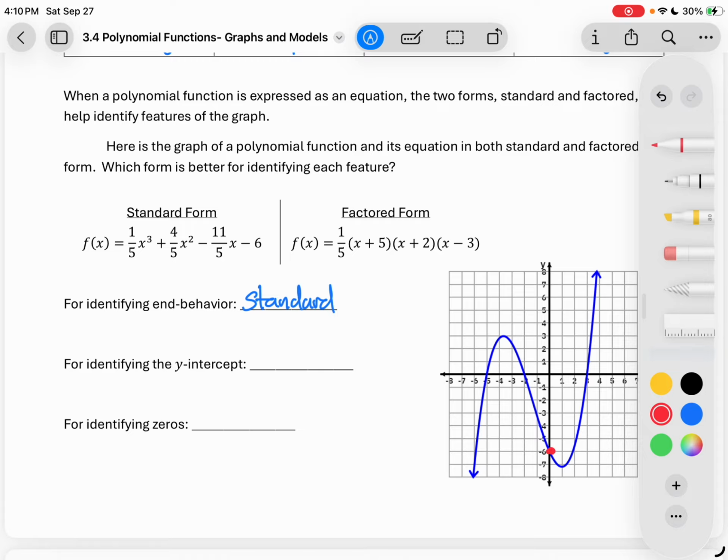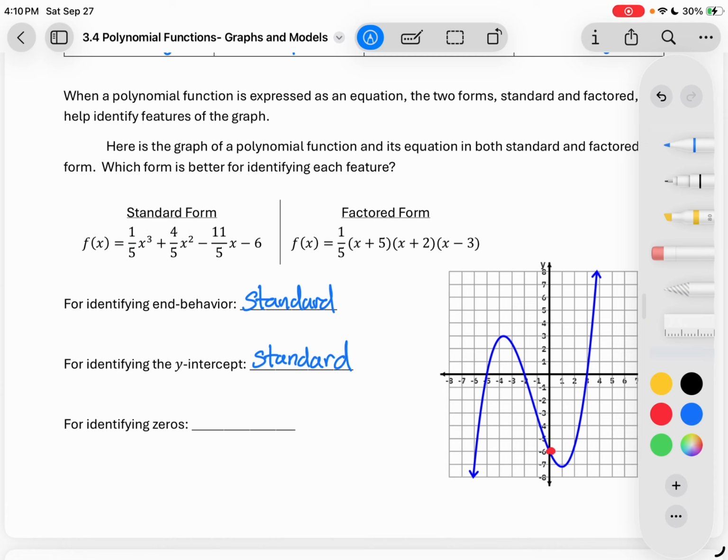And if you look at standard form, there's a -6 right there. That's not just coincidence. If you were to type in 0 for x, all of those would go away except -6. So we would have a point at (0, -6), which is the y-intercept. So standard form is good for finding the y-intercept.